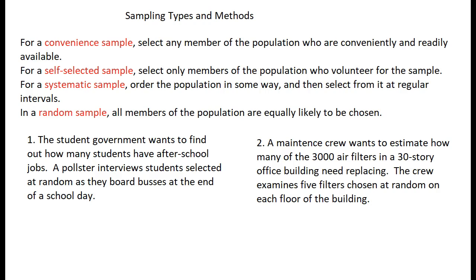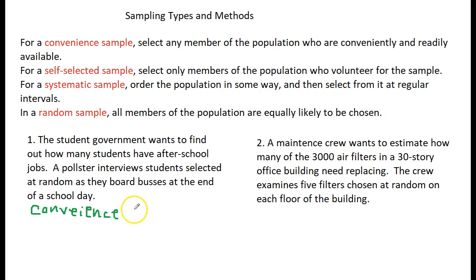All right, well, this is a convenience sample because it's very convenient to find school students as they are boarding a school bus, right? So convenience. All right, that's a convenience sample.